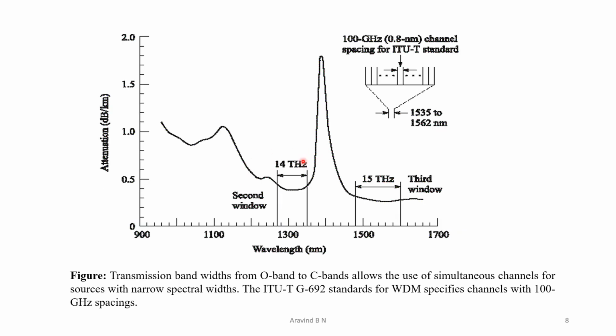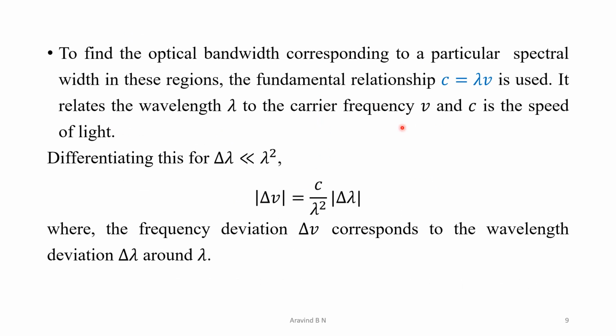This figure shows that there are many independent operating regions across the spectrum ranging from the O band through the L band. These regions can be viewed as the spectral width or the optical bandwidth. Now to find the optical bandwidth corresponding to a particular spectral width in these regions, the fundamental relationship c = λν is used.